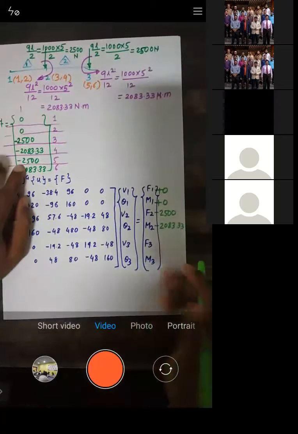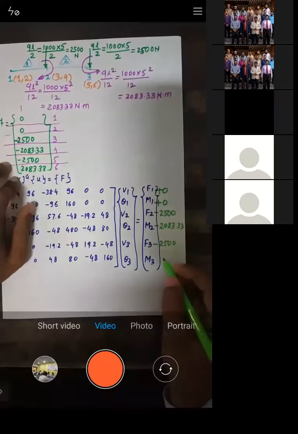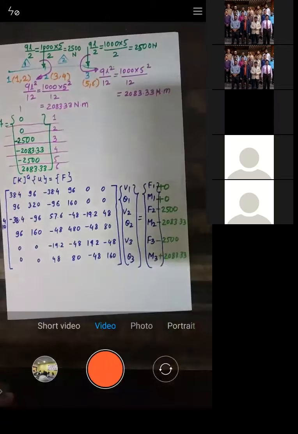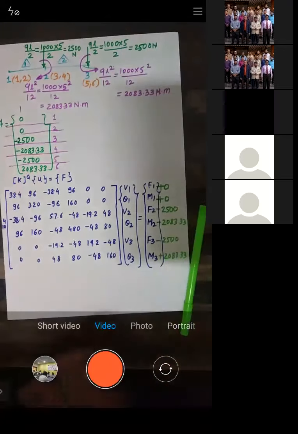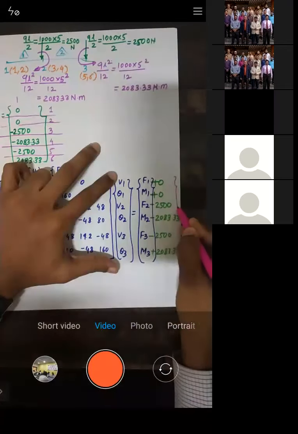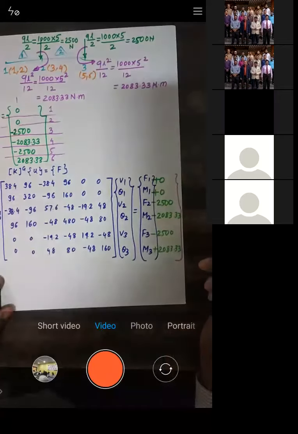Next F3 minus 2500, and this is plus 2083.33. Now I will close this bracket. I purposefully made this. Now this completes the bracket.